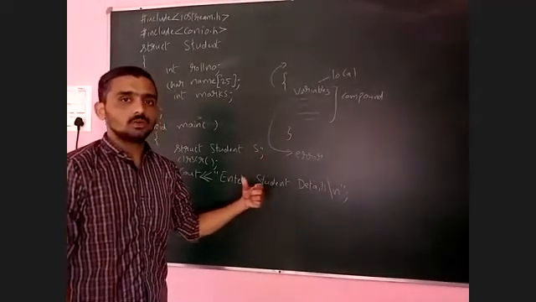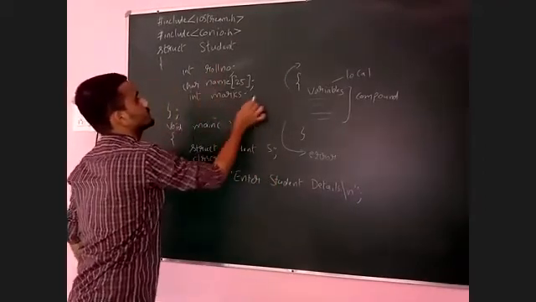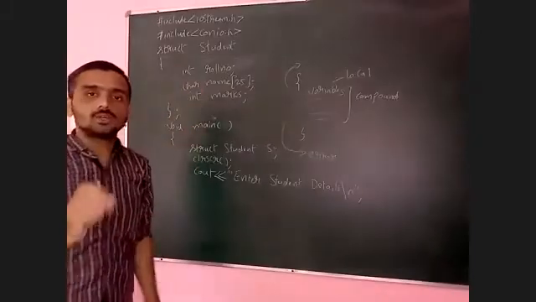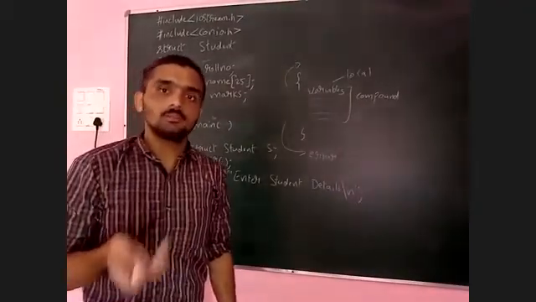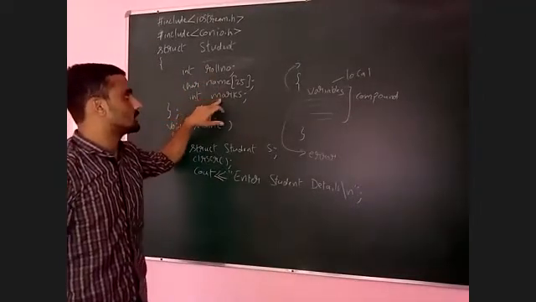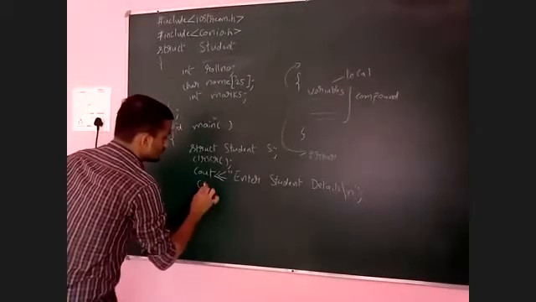How will you come to know? By looking at the memory structure. Here I have written roll number, name, and marks. It is not a rule that you have to enter roll number first, then name, then marks. You can enter marks first, then name, then roll number. It's your wish.